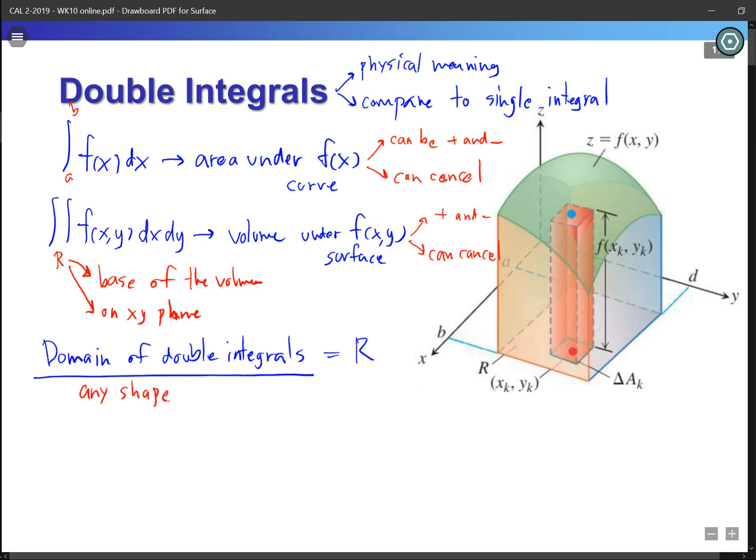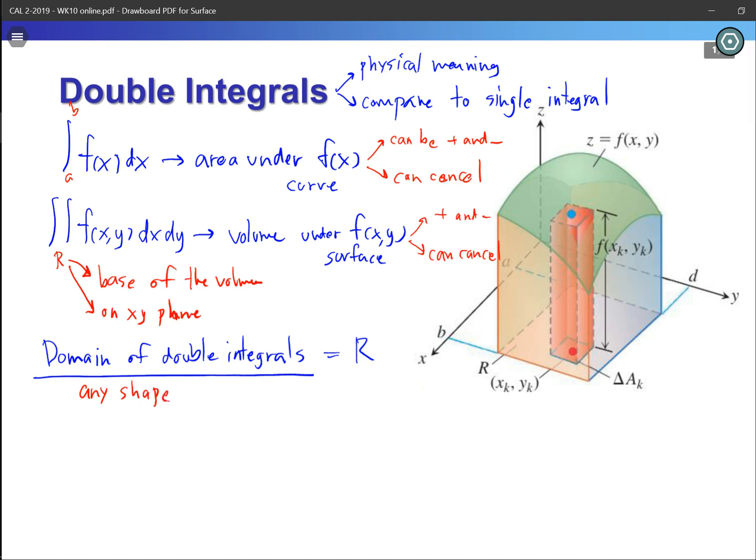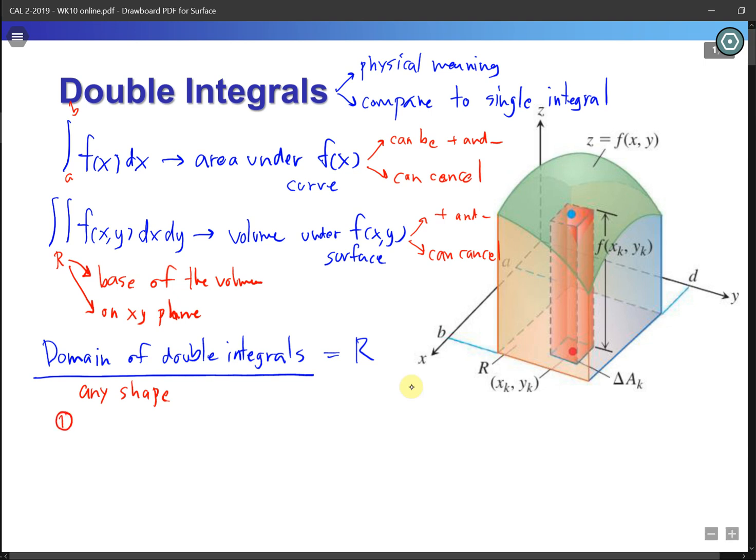We can categorize this into two main categories. The first one, the easiest one, is the rectangular shape. And 2, it's going to be non-rectangular, but I'm going to call it general.